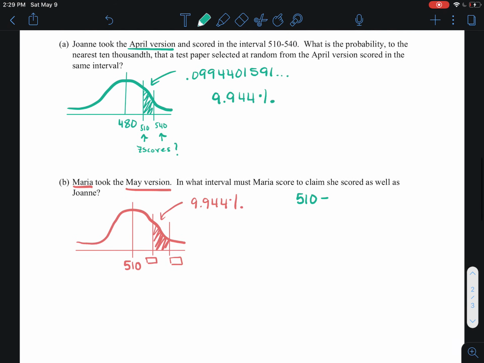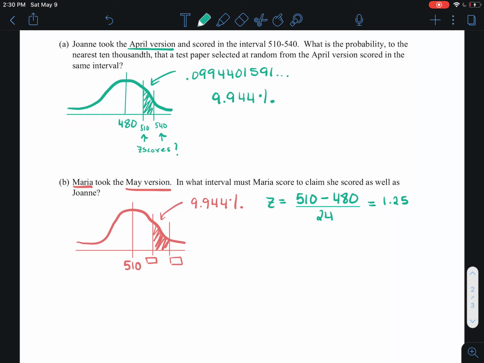On the April version, the average was 480. This gives me the z-score. Then you take that difference between the actual score and the average and divide it by the standard deviation. On the April version, the standard deviation was 24. So 510 minus 480 divided by 24 gives you 1.25.